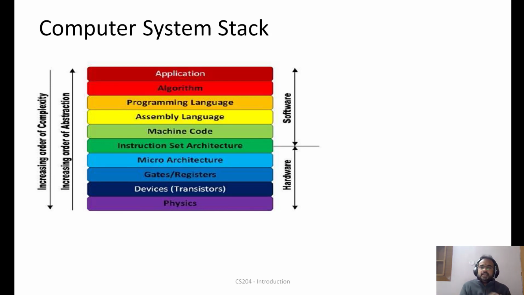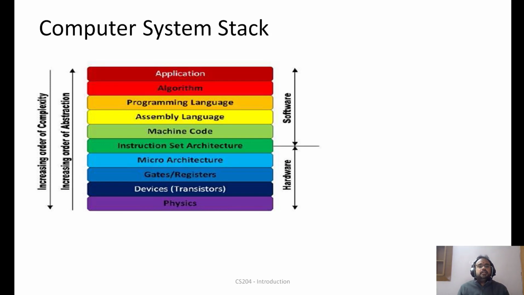Also, we can say that ISA is an agreement between hardware and software, saying that the hardware will be built following some particular ISA, like the ARM ISA or x86 ISA, etc. And the software will adhere to the same ISA and build its applications.